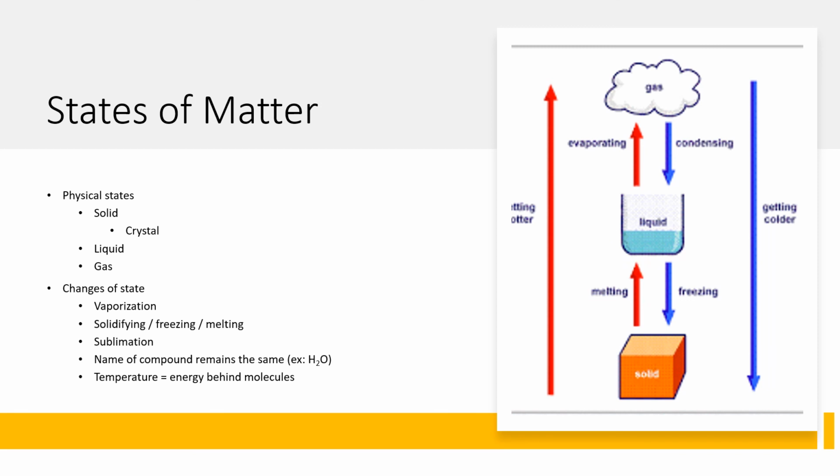You can apply more energy still to the liquid and evaporate or vaporize it, and it'll become a gas or a vapor. Vapor usually refers to water suspended in the air, or any other liquid that's evaporated. So this is a high energy state, and this is low energy.